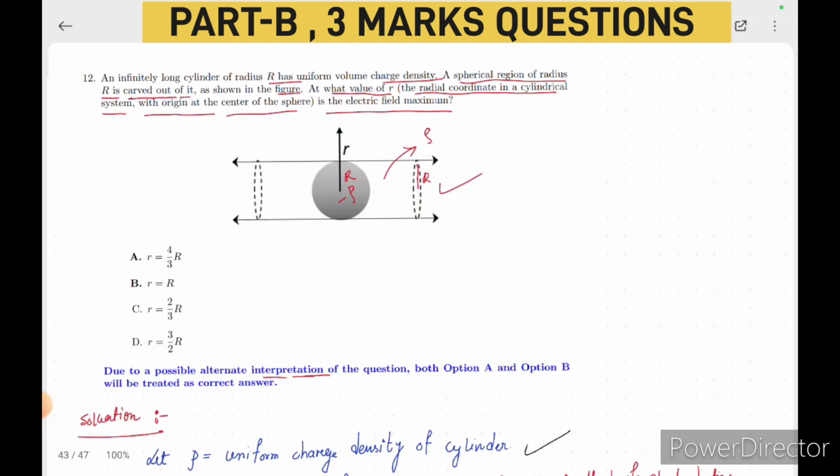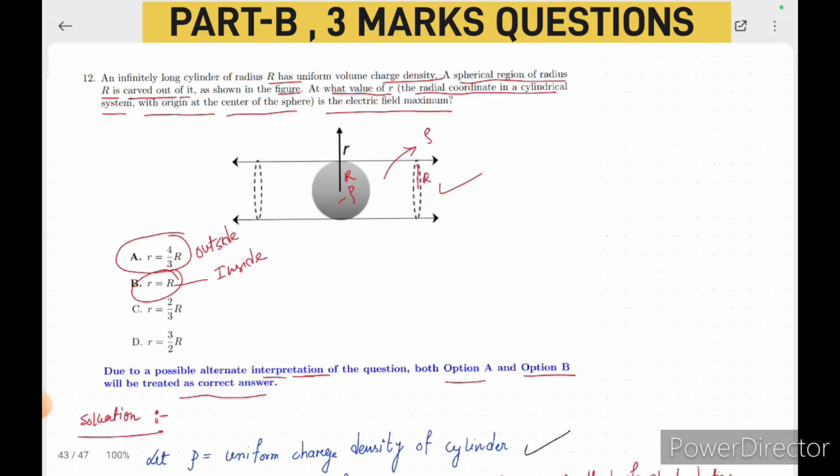This is a confusing question, and students are confused about where to calculate the maximum electric field, inside or outside. For outside, the electric field is maximum at r equals 4R by 3, and this is for inside. That's why option A and option B will both be treated as correct answers. Don't worry.